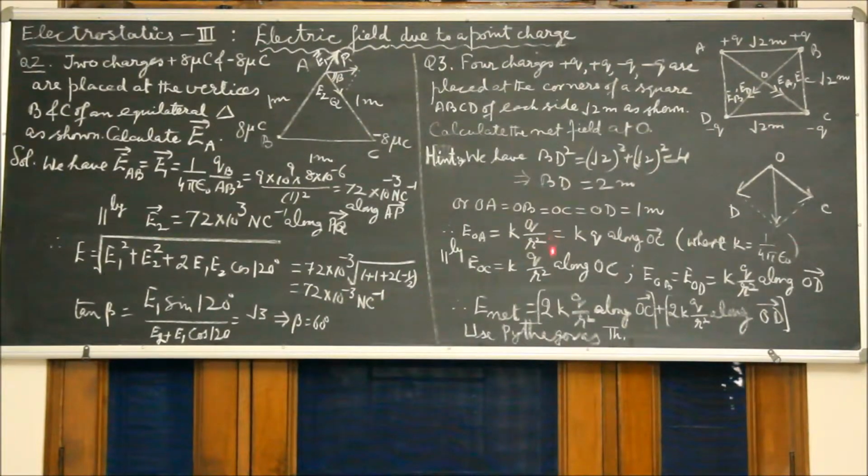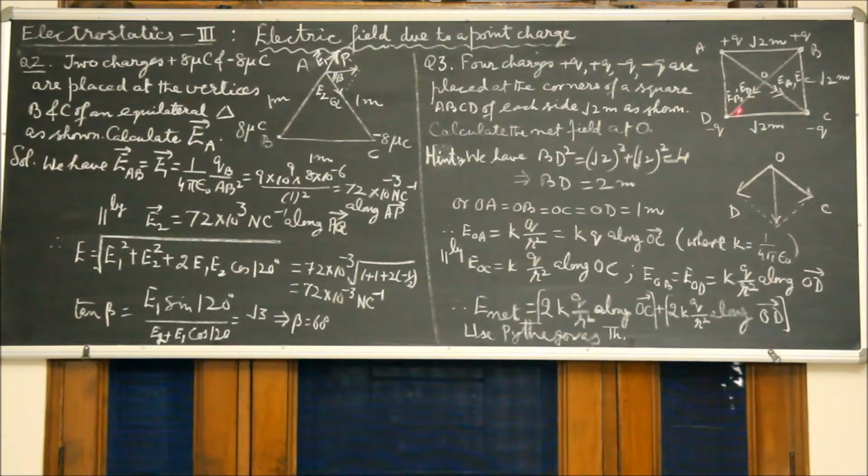All the 4 charges produce field of the same magnitude KQ. So we can add field due to A and that due to C, which will give you KQ plus KQ, 2KQ. Similarly, field due to B and D adds up, which gives you 2KQ along OD.